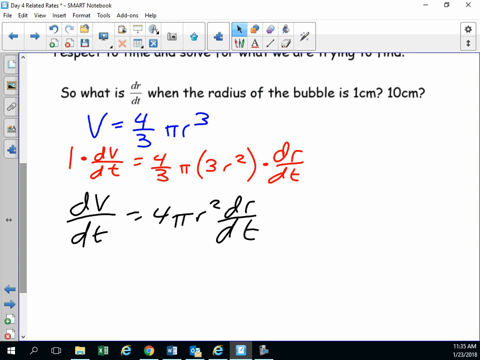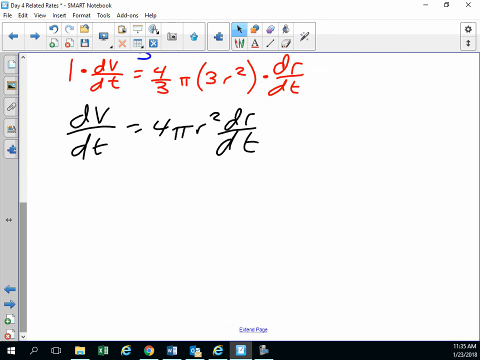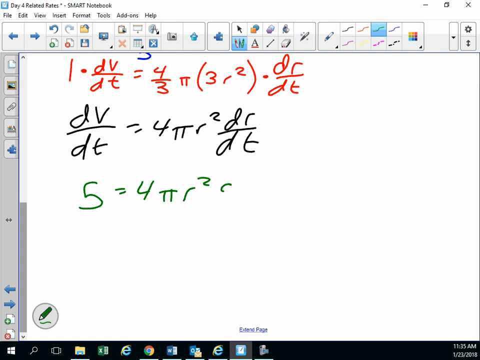Okay? I have a question for you. Do I know anything for this? From my equation, is there anything? What is dV dt? 5 centimeters cubed per second. So I'm going to put my 5 here. What was I looking for again? Can I solve for dr dt?